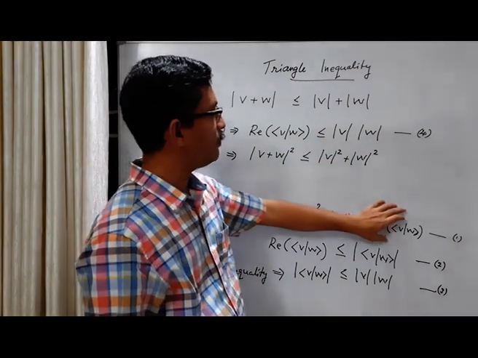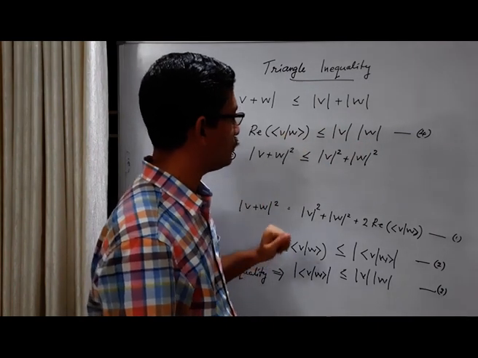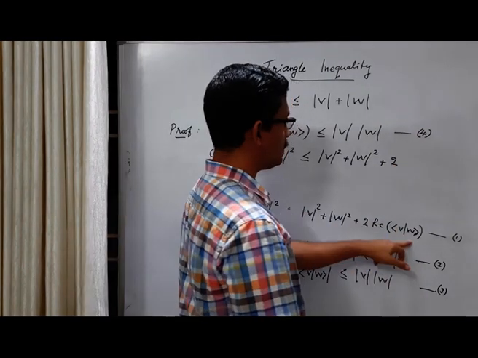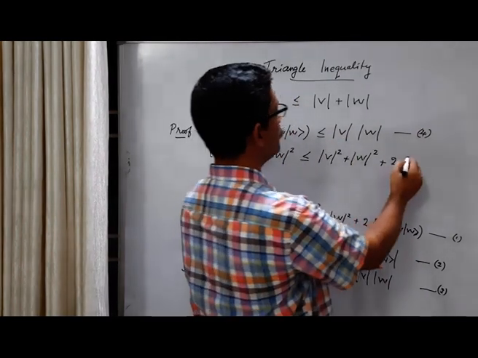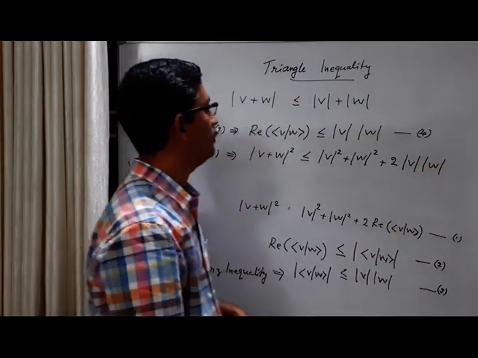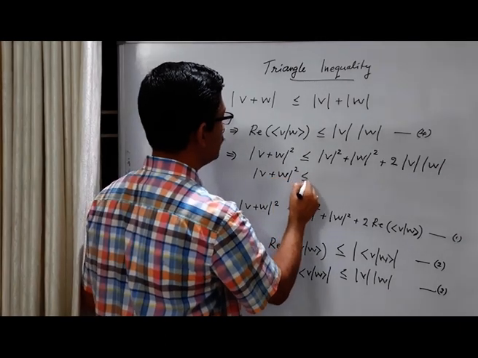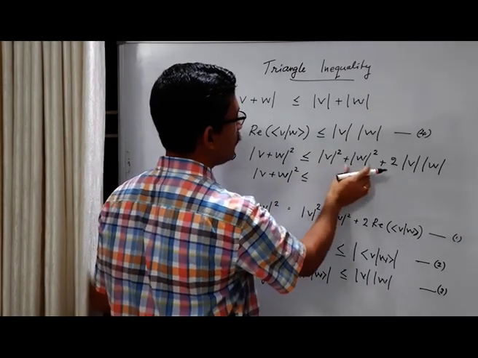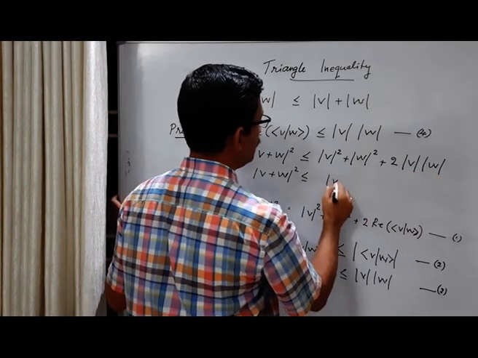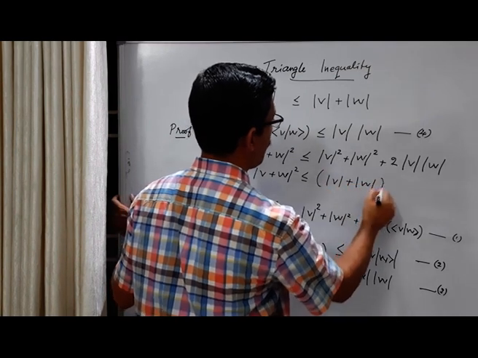So this part is less than or equal to norm of V into W, so I am going to use that. So there is a 2 here, so plus 2 times, instead of this I am using this inequality, 2 times norm of V into norm of W. See, right side we can rewrite as V square plus W square plus 2 times V into W, so we can simplify this as norm of V plus norm of W whole square.